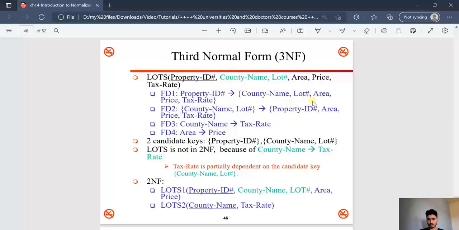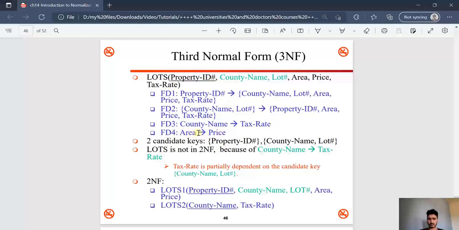Now let's search for another area attribute. Here we have an area in FD2. Area depends on the county name and lot number, so we search for other areas. Here we have area, but we are not caring about this area because I want only the attributes which depend on others. Here, area is not depending, however, price is depending on area.